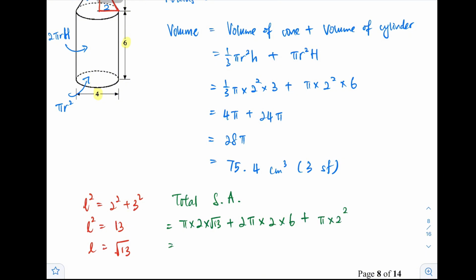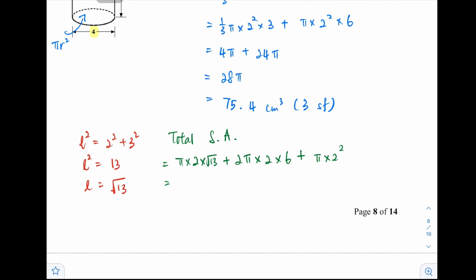We can again work everything out with a calculator. You should be able to get 110.618, so as your 3SF answer, you can give 111 to 3SF.